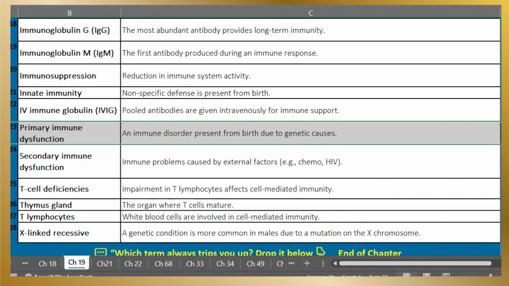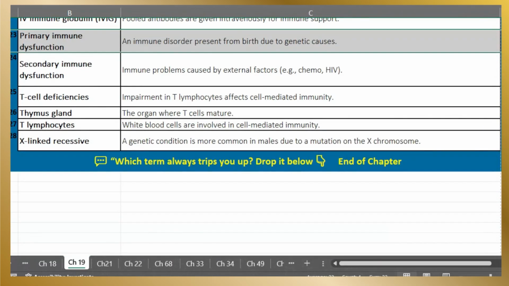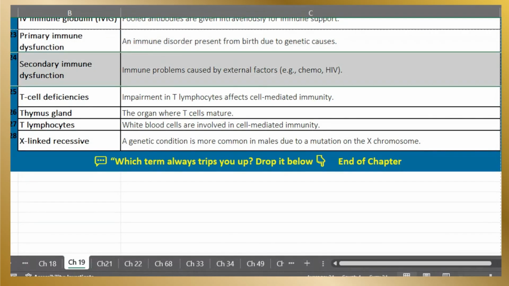And we scroll down, as you see. So the secondary immune dysfunction, it's an immune problem caused by external factors. Here we have examples, chemo, HIV. So secondary is caused by something else, not born with it.